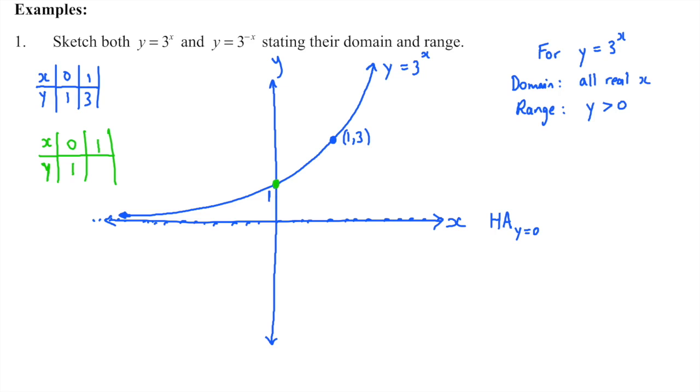If I tried minus 1, 3 to the power of minus minus 1 is 3 to the power of plus 1, which is 3.